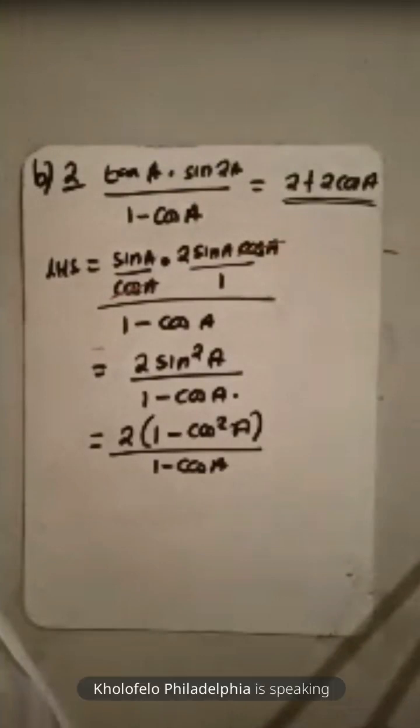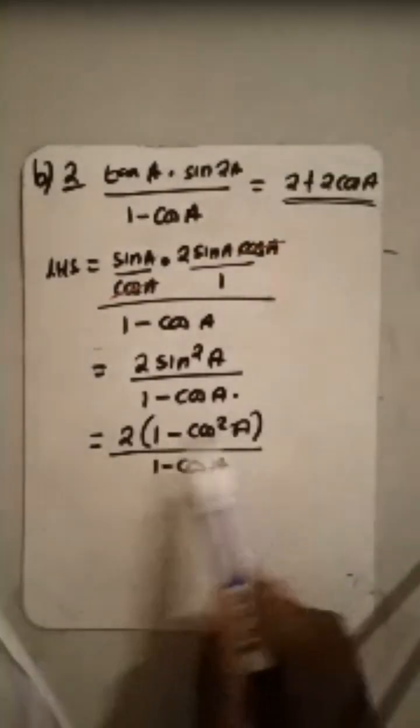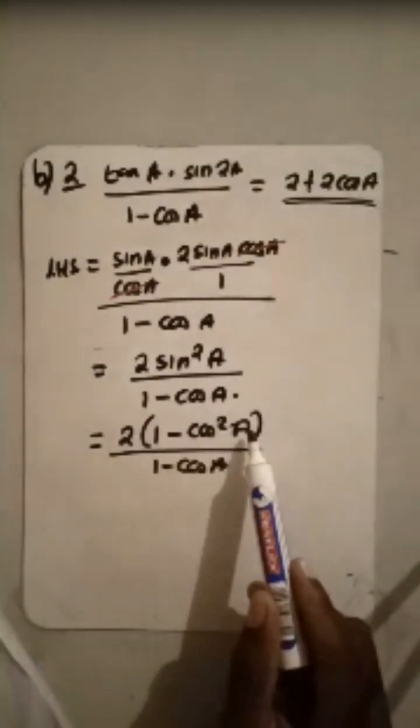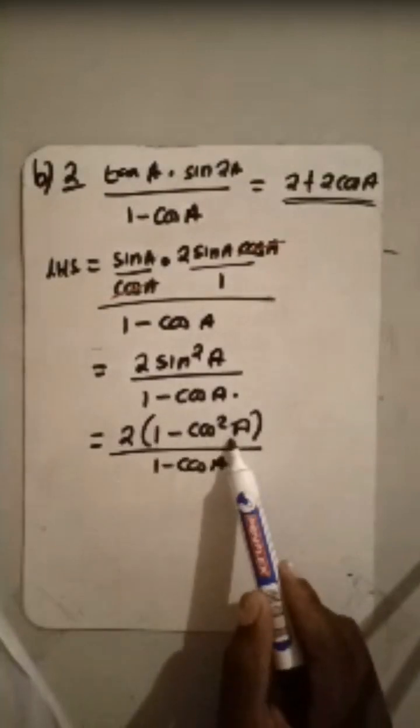Is there anything that 1 minus cos squared A, right? What is it? That is the difference of what? Two squares. This one is a perfect square, and that one is a perfect square.